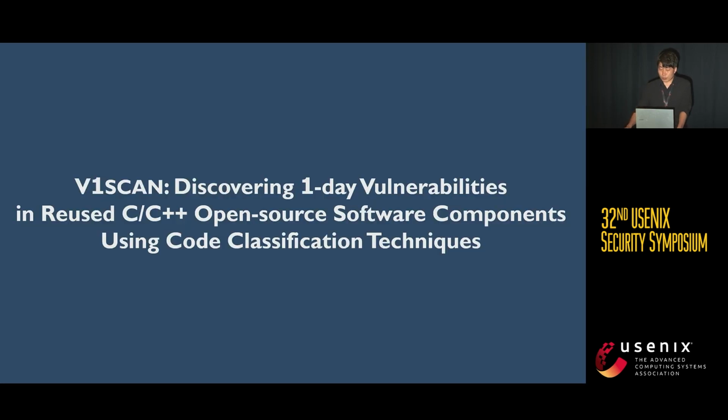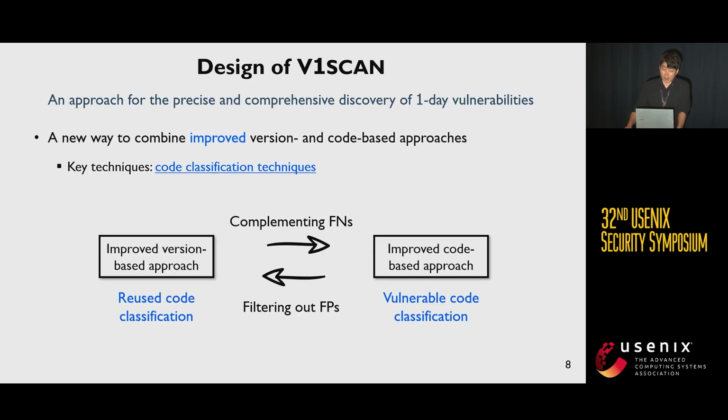To overcome such problems, we present V1SCAN. V1SCAN is a new way to combine the improved version-based and code-based approaches. The key technique used in V1SCAN is called code classification. To eliminate false positives of the existing version-based approach, V1SCAN uses reused code classification and also leverages the improved code-based approach.